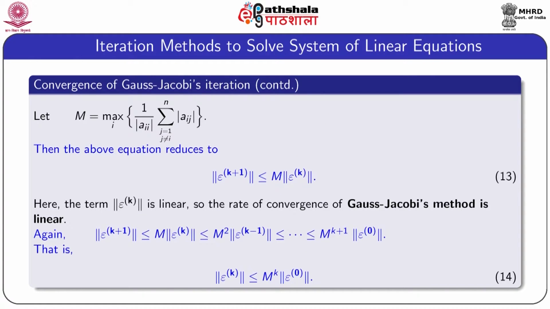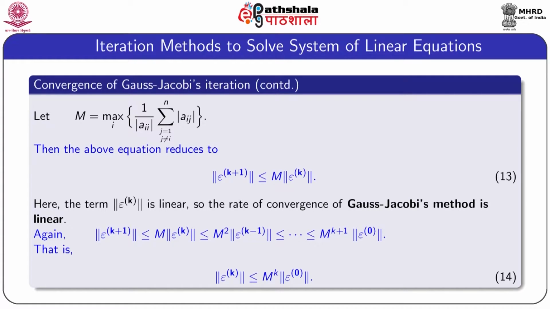Again, the norm of the error vector at the (k+1)th iteration is less than or equal to M into the norm of the error vector at the kth iteration, less than or equal to M squared into the norm of the error vector at the (k-1)th iteration, less than or equal to dot dot dot, M to the power k+1 into the norm of the error vector at the 0th iteration.